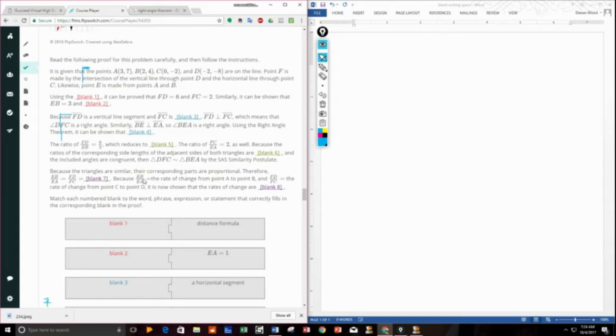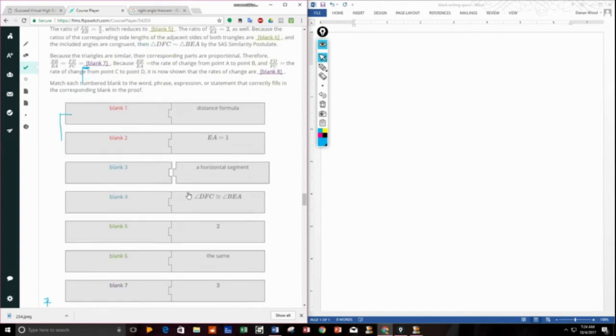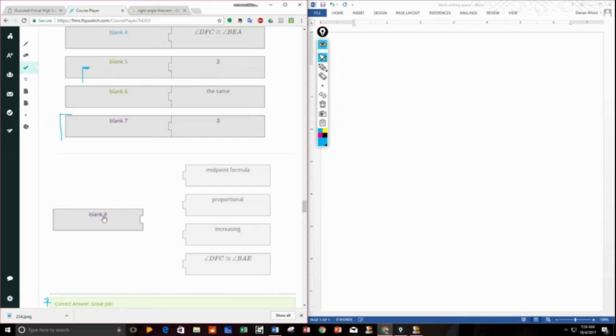Because EB over EA is equal to the rate of change from point A to point B, that's because it's the vertical distance over the horizontal distance. And FD over FC is equal to the rate of change from point C to point D. Again, it's the vertical distance divided by the horizontal distance. It is now shown that the rates of change are blank.